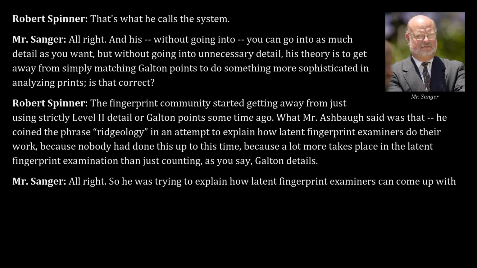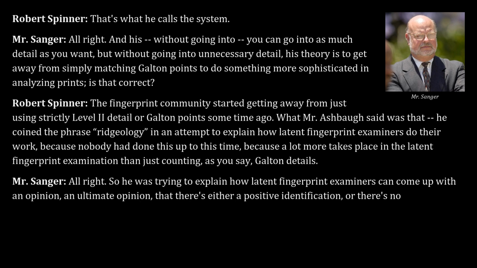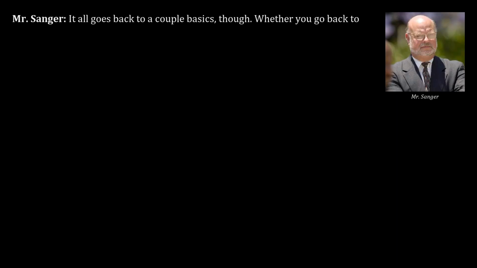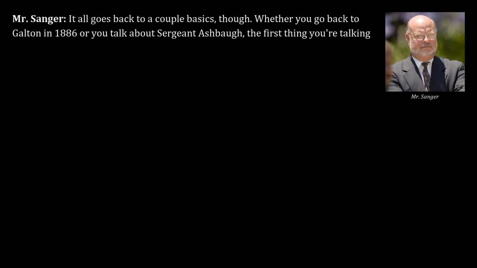Alright, so he was trying to explain how latent fingerprint examiners can come up with an ultimate opinion, that there's either a positive identification, or there's no identification, or it's inconclusive. Is that correct? Yes. It all goes back to a couple basics, though. Whether you go back to Galton in 1886 or you talk about Sergeant Ashbaugh, the first thing you're talking about with fingerprints is the permanency?